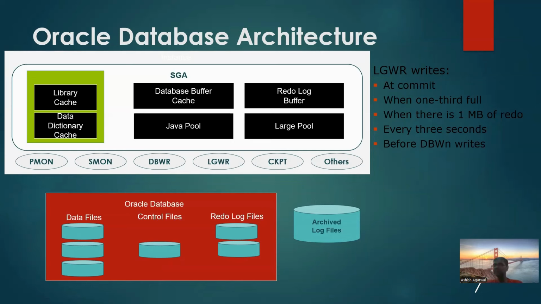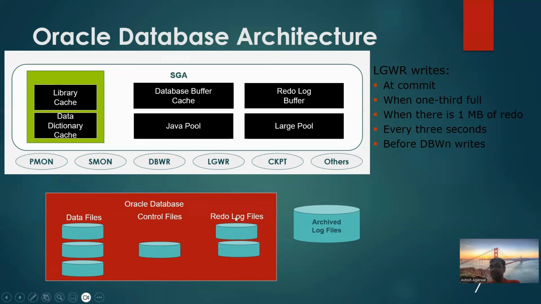Whatever changes are happening at the database level get written into the redo log files. The redo log file size is limited, so the backup of redo log files is taken on hard disk, and those are called archive log files. Archive log files are nothing but backups of your redo log files.